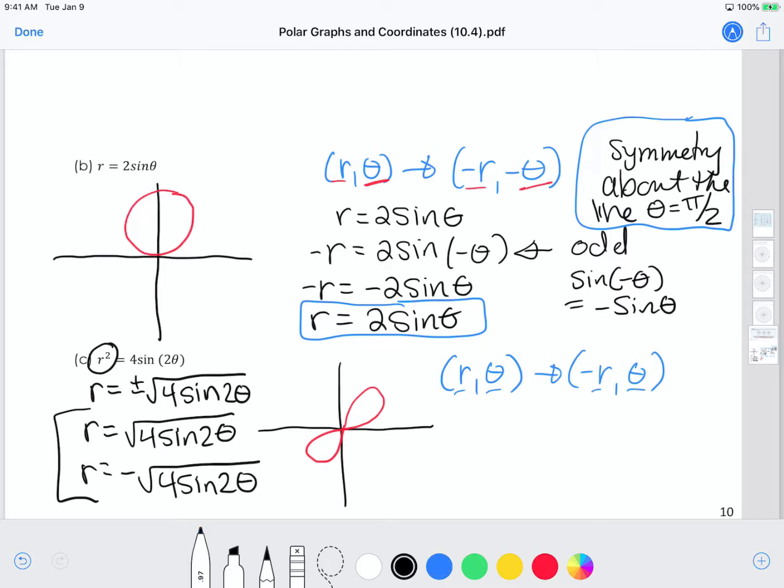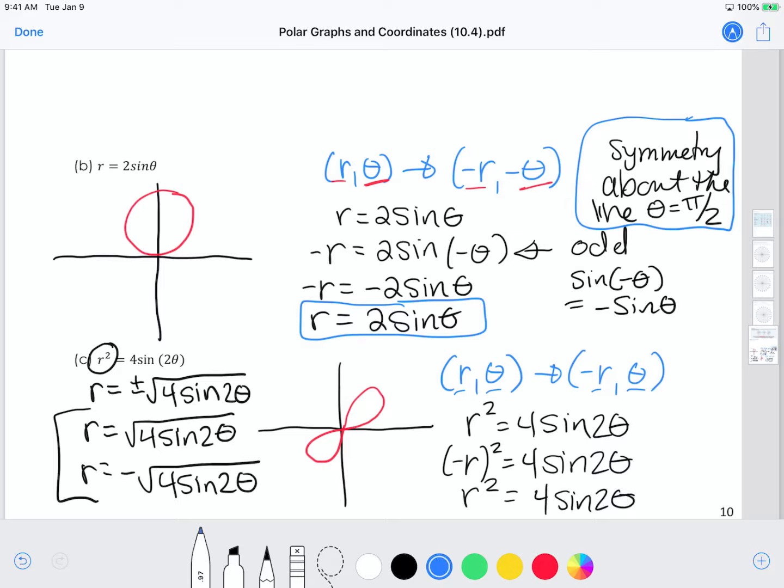And if I start, here's my original equation, r squared is equal to 4 sine 2 theta. And if I replace r with negative r, because that negative r is squared, I have negative r times negative r, I'm going to get the same thing back. So that tells me I have symmetry about the pole because I get an equivalent equation.